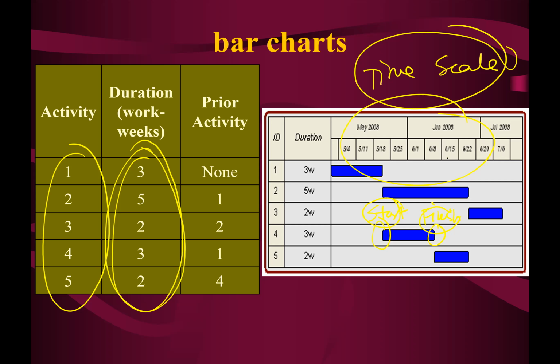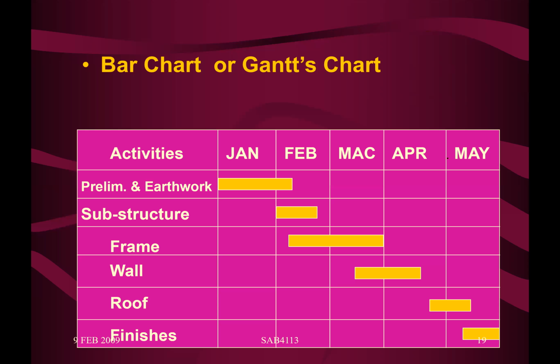Sometimes we do want to reflect those relationships, then we might put a line. What kind of line? For example, this one. This could be the line, this could be whatever line. This is what we call the link between bars. So that is the missing thing in a normal Gantt chart or bar chart.